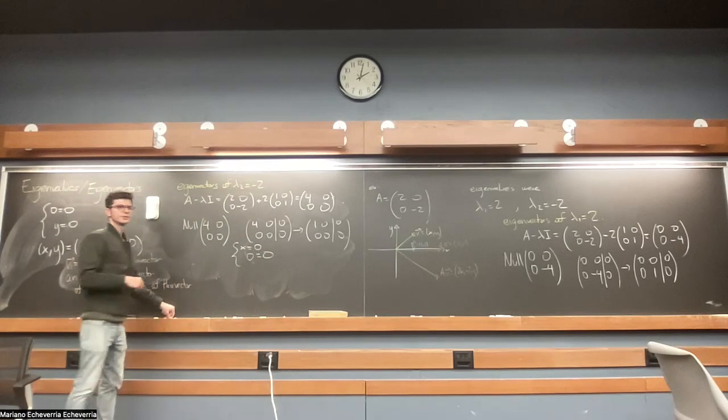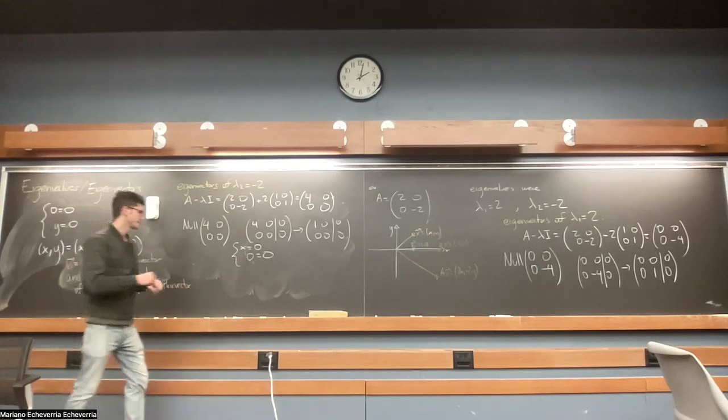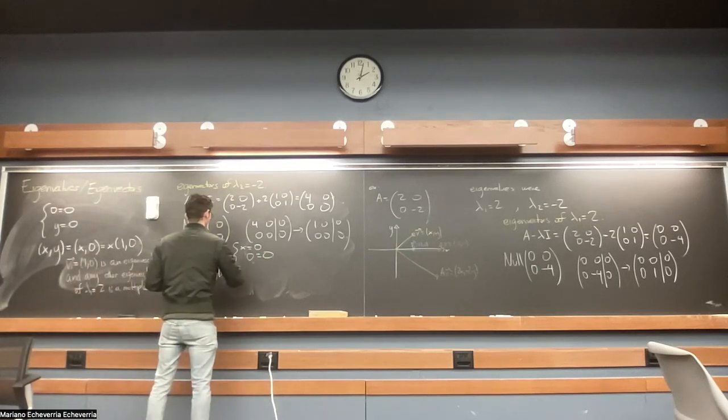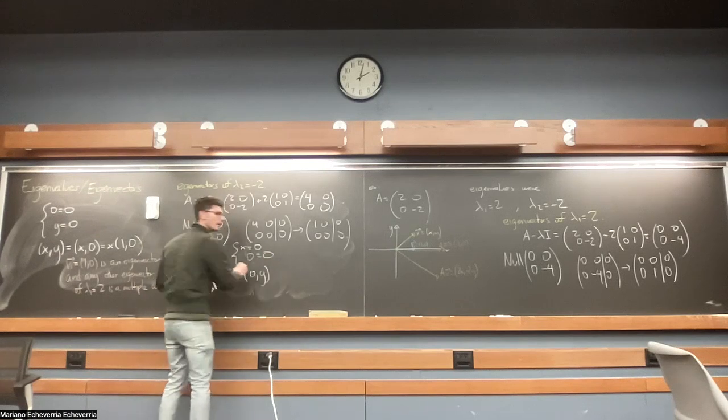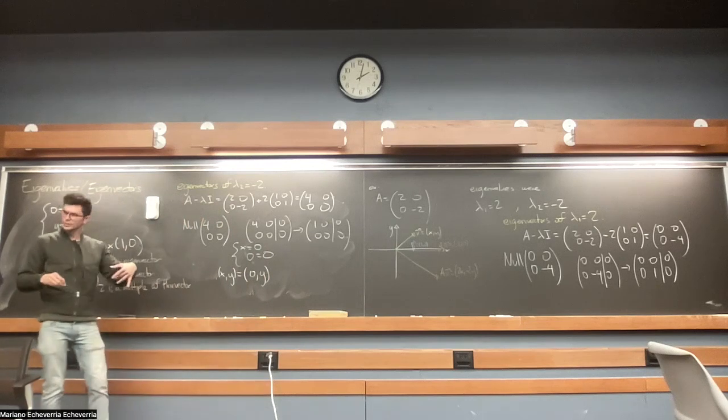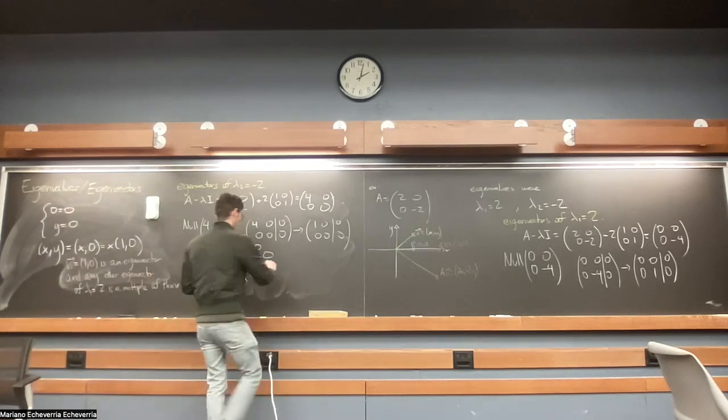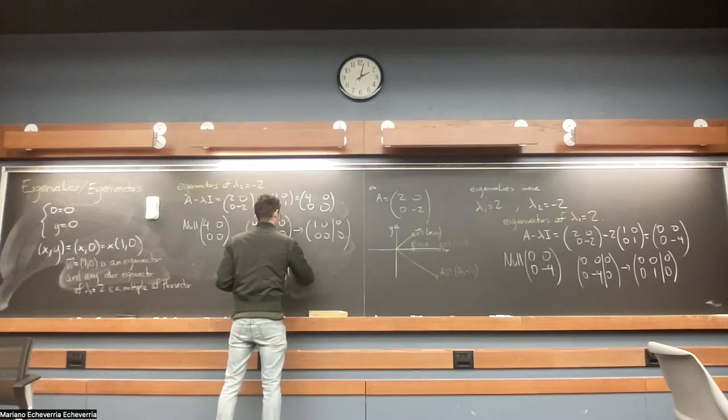And so if it's x equals 0, that means that if you take a vector in the null space, it's 0, comma y. Then you factor out the y: 0, 1.